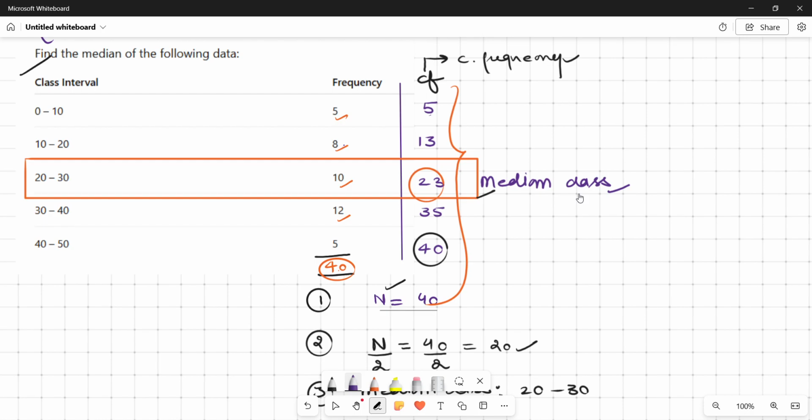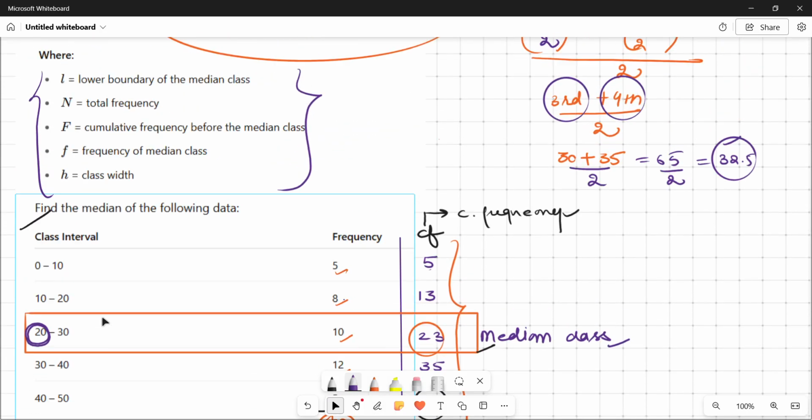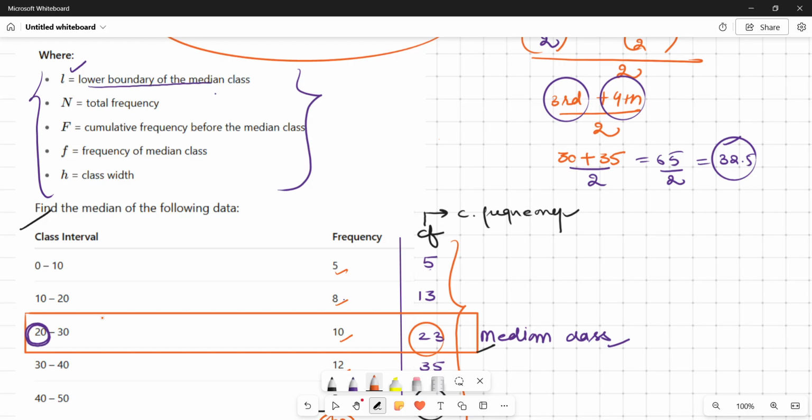So I will be marking, and please look at this very carefully. This 20, the lower limit of the median class, is known as L. The lower limit of the median class, this is nothing but L. N stands for total of frequency, which I have already told you.